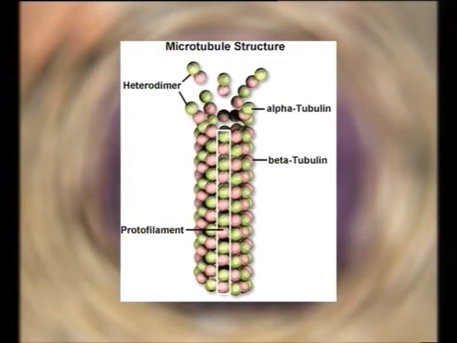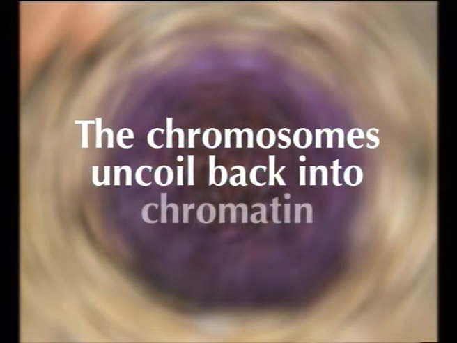The microtubules that make up the spindle network disappear, and a new nuclear membrane surrounds each haploid cell. The chromosomes uncoil back to chromatin.